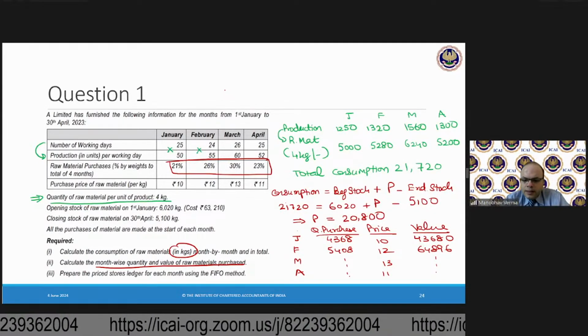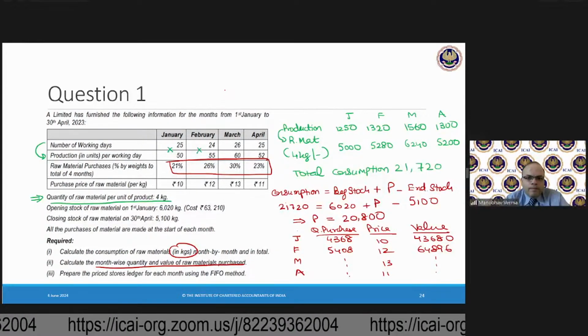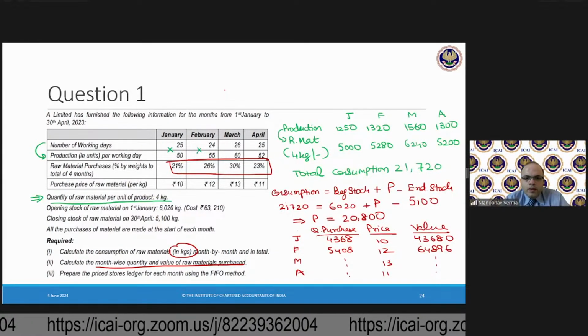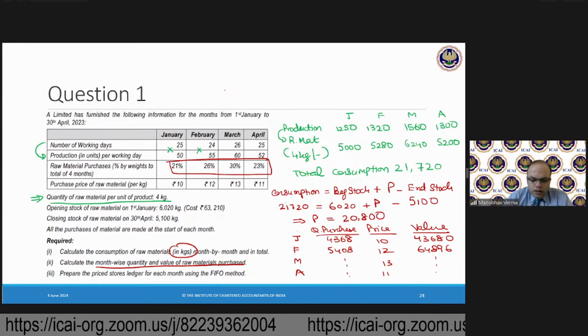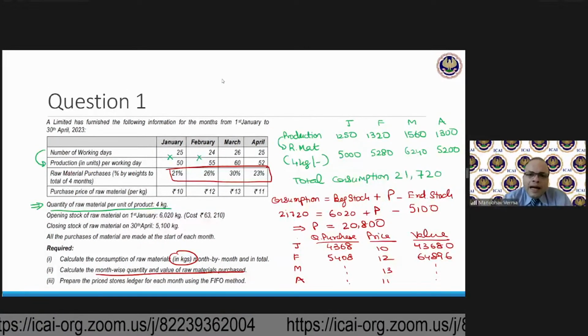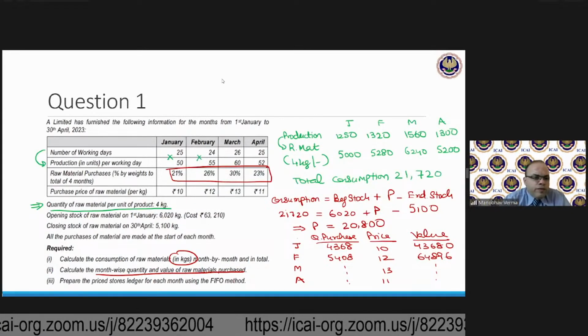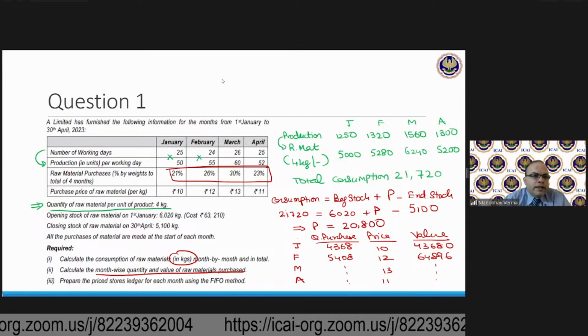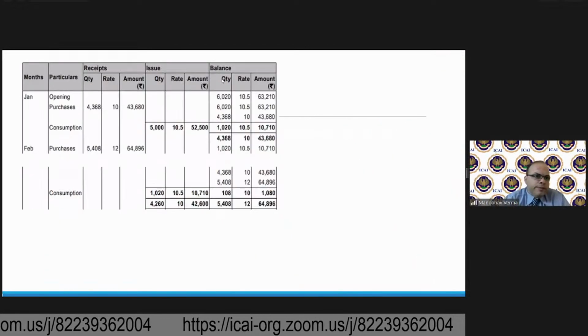Okay. So in January, we are looking at the beginning balance of 6020, right? So let's look at our stores ledger. How do we go about this one?